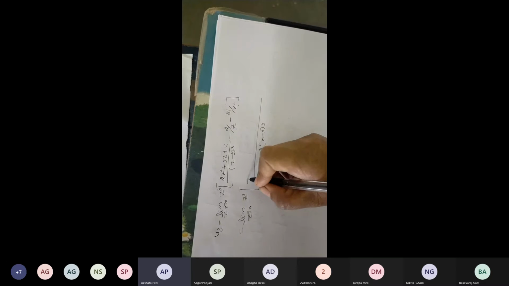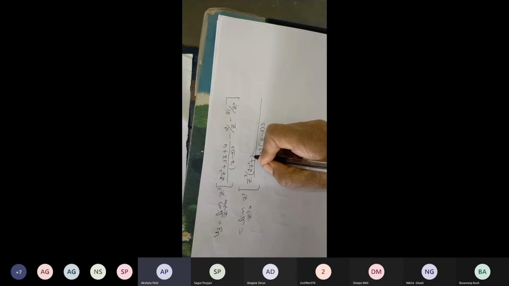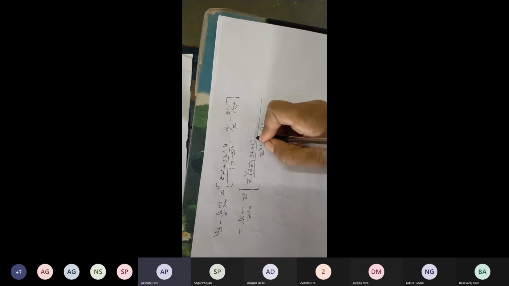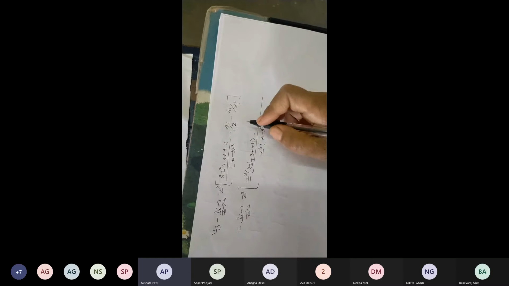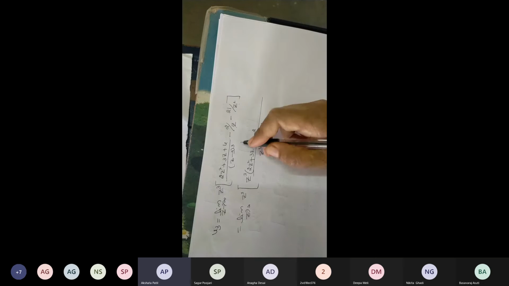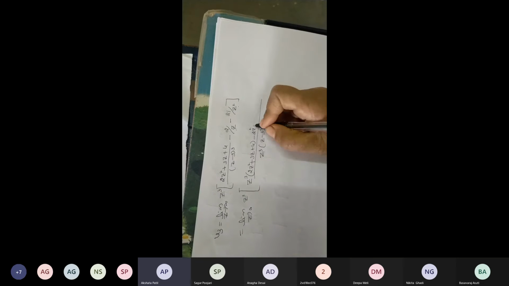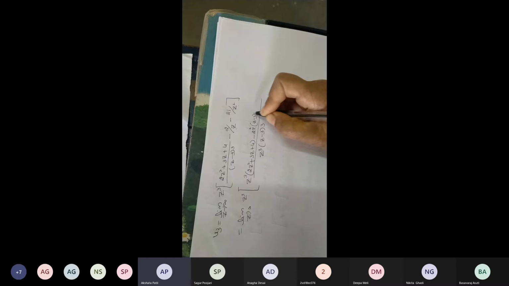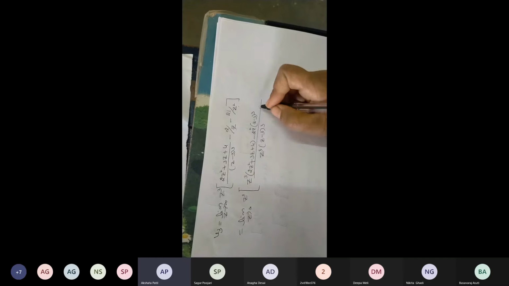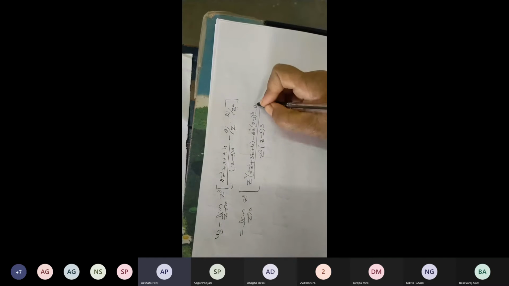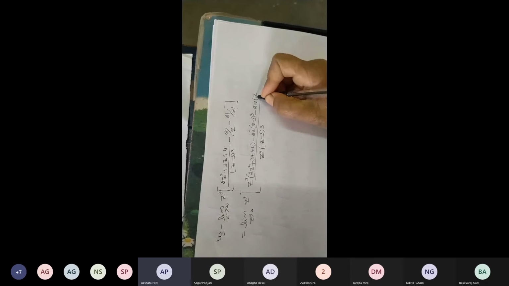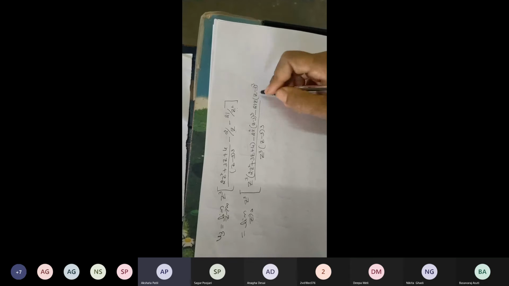So we can write z cube into (2z square plus 3z plus 4), minus 2z square. Z is there, means 2z square into (z minus 3) the whole cube, minus 21 by z square, means we can write 21z into (z minus 3) the whole cube.